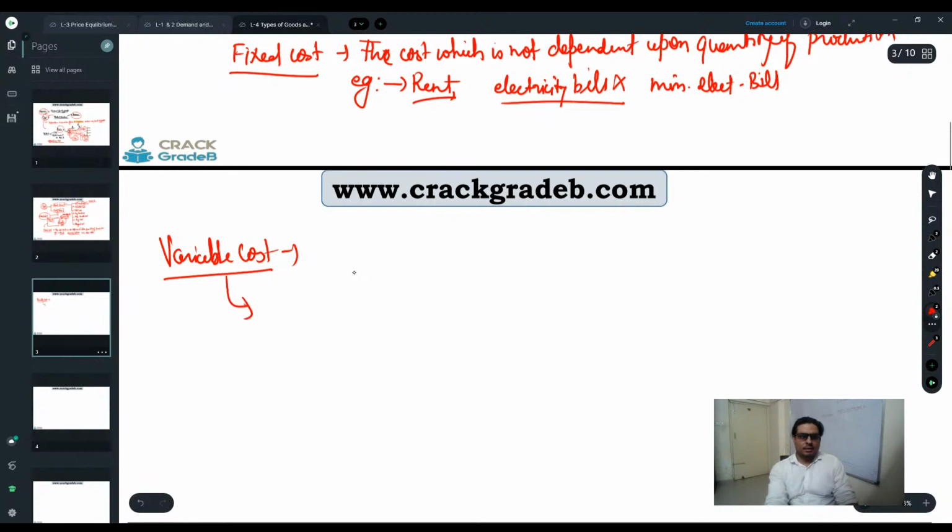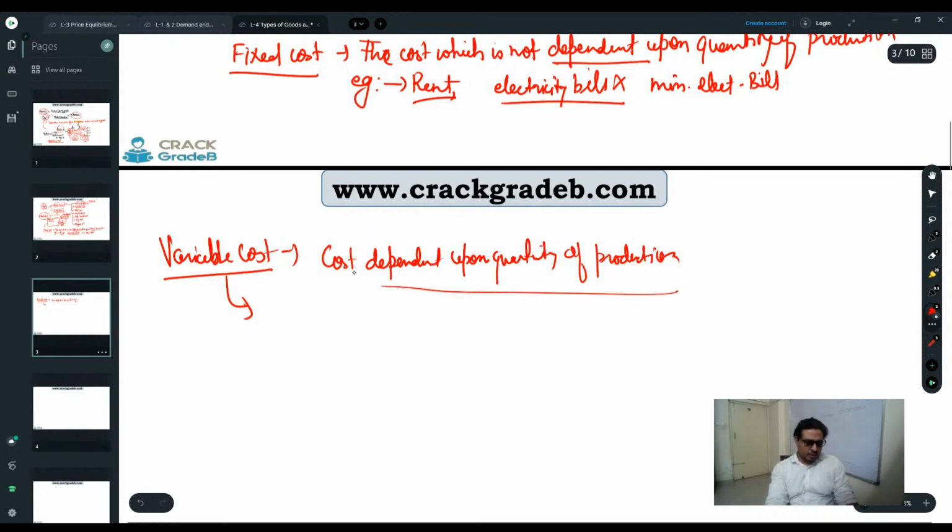Variable cost is the cost which is dependent upon the quantity of production. So it is going to change as production changes.